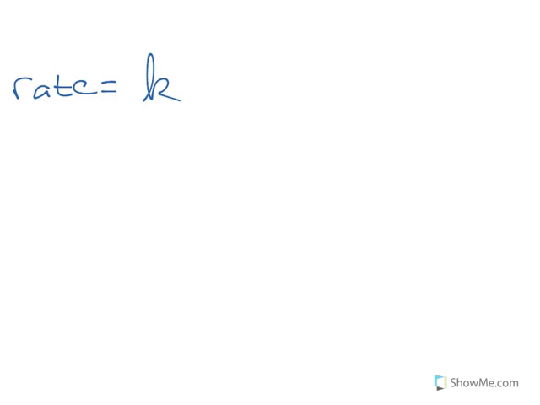The rate is equal to K, whatever that rate constant is. And actually, we can calculate it, and we'll talk about how to do that momentarily. But the rate constant is K. Then we had A. A was first order, all right? Then we had B. B was second order, so we need to put our exponent of 2 there, and you're done. You just got the rate law written for that reaction.